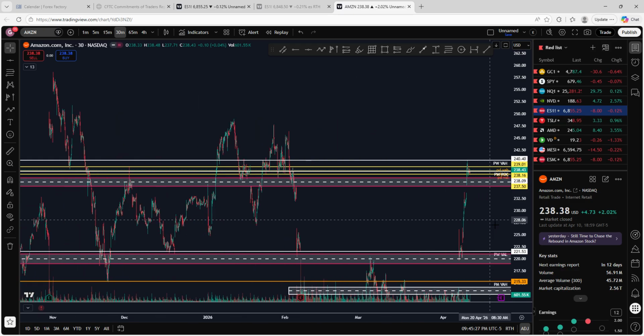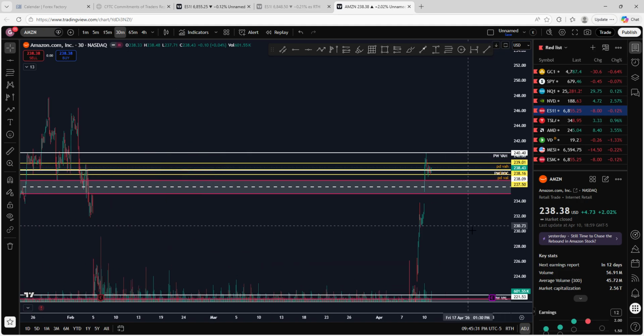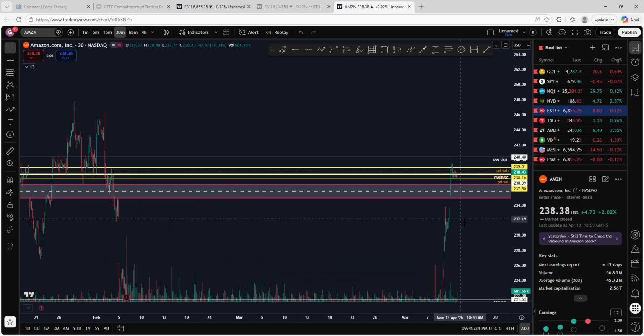Trying to see here. This is why you want to trim, honestly.